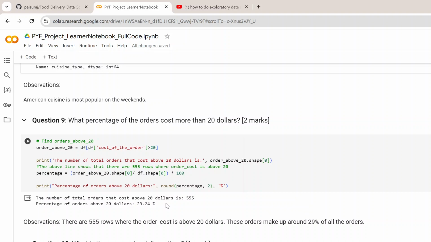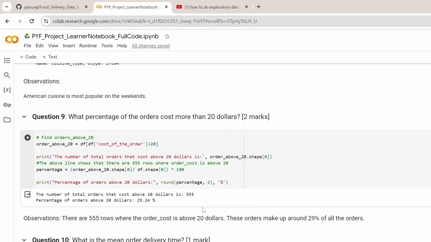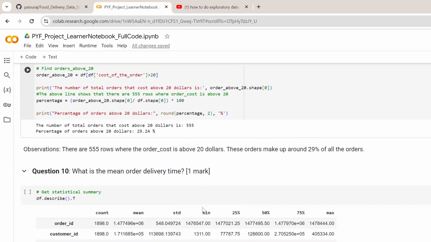It seems that of all the orders, around 30% are above $20, which seems good for the business, but I'm sure some product manager is going to want to bring that up. Like, can we have more orders that are above $20? They could look at that metric.